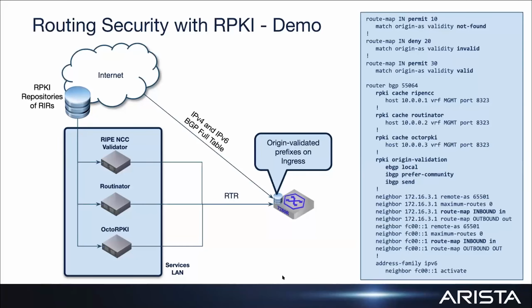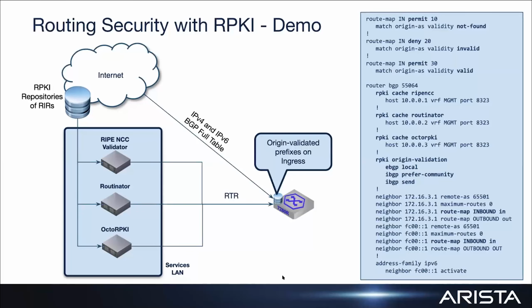In the router BGP section, we do see the configuration of the three RPKI caches. And then probably the most important piece of configuration, the RPKI origin validation, which tells the system how to act on the different types of BGP. So for eBGP, we want to use the local caches inside of the network for validation.